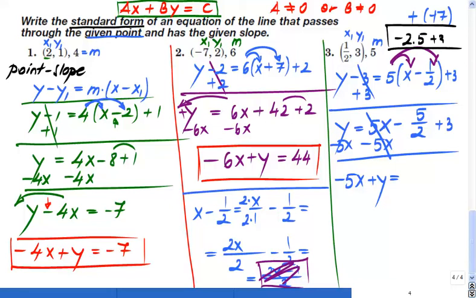Negative 2.5 plus 3 is going to be 0.5. Am I right? 0.5. So your equation is negative 5x plus y equals 0.5. And this is your equation in standard form.